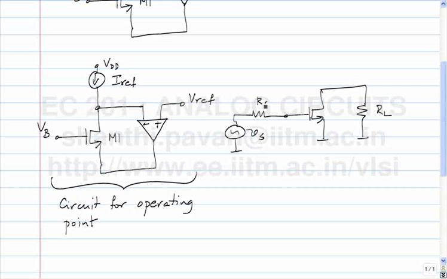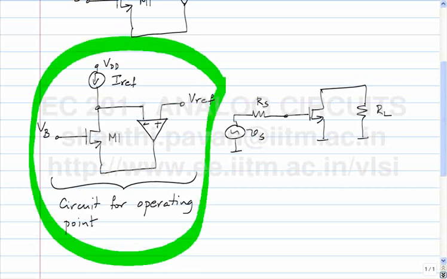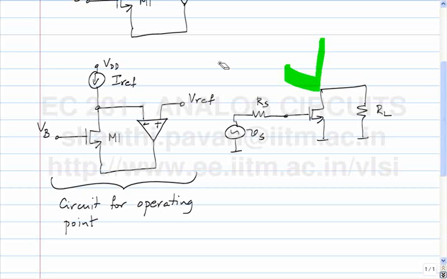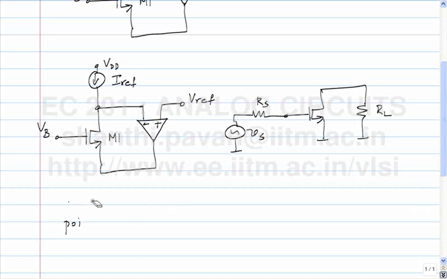So any suggestions on what I should do to this circuit to make it look like this for incremental signals? First thing we need to look at is what all are there in the incremental circuit that are not there in the circuit on the left. So then we add all that stuff.